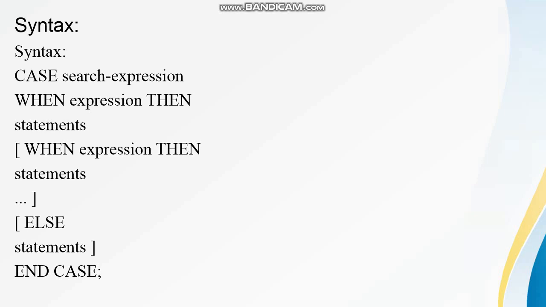If not, then the second when will be checked. If none of the matches is found, then the else statement is executed. And this is end case. Since the case keyword is used to begin the case, end case is used to end the case, right?